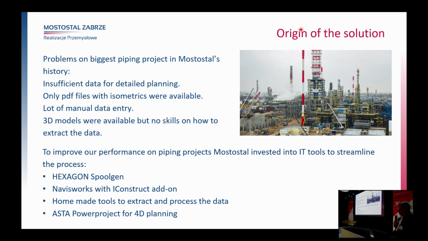It was all given to us in PDF drawings, so it was not easy to gather all the data and to make some planning. And that's why, to improve this process, Mostostal invested into IT tools to streamline the planning. First, we invested in Hexagon's Spoolgen. This is software to facilitate pipe spooling.